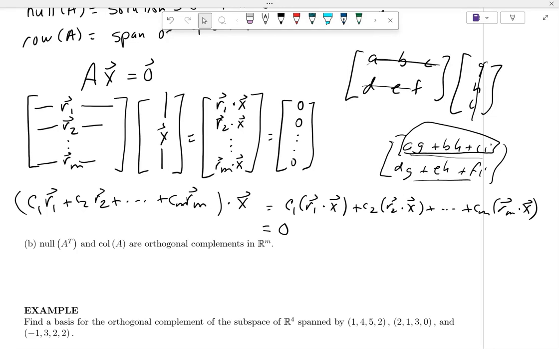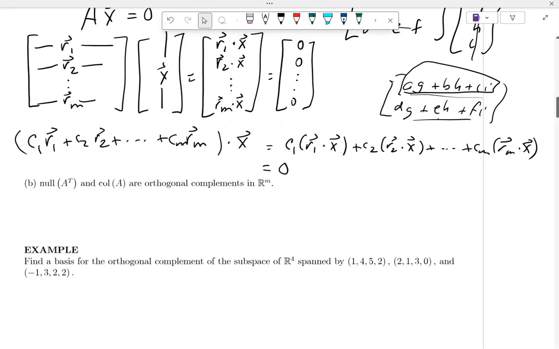If I know that the null space of A and the row space of A are orthogonal complements, why do I know that the orthogonal complement of the column space will be the null space of the transpose? Yeah, a little bit like that. But why do I know that I'm flipping from column space to row space or vice versa? Yeah. If the rows become columns and the columns become rows, right?